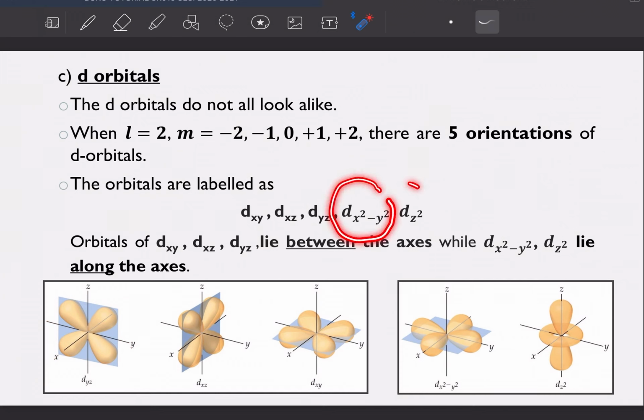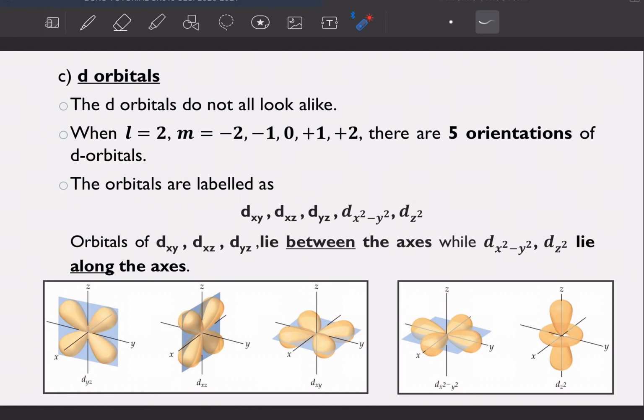The other two, they do not lie between the axis, your lobes, but they lie along the axis. So when you have square in the name, remember, it means that your lobes lie along the axis.